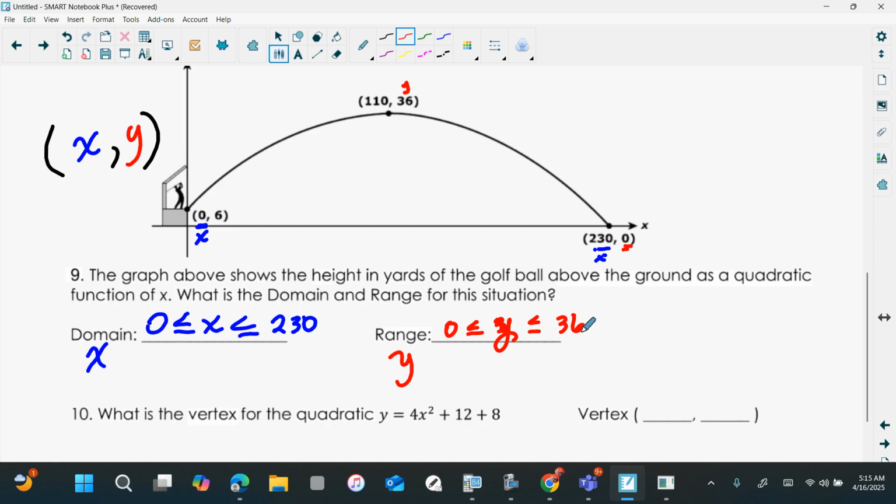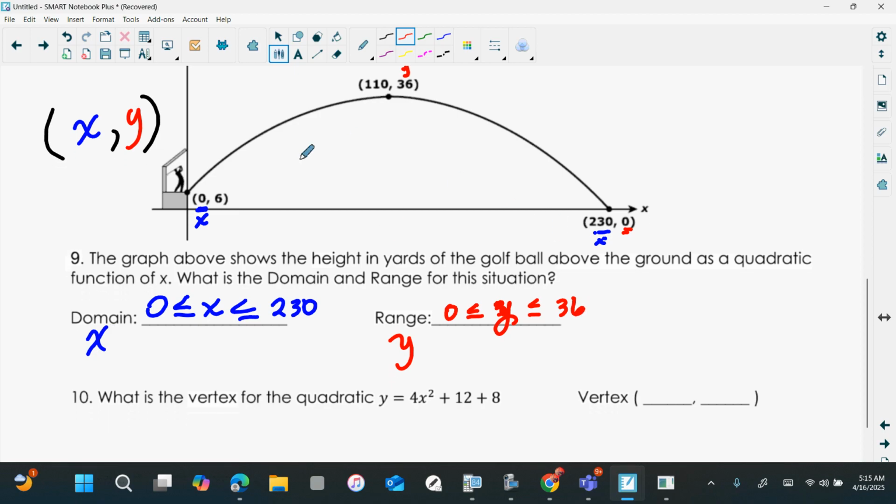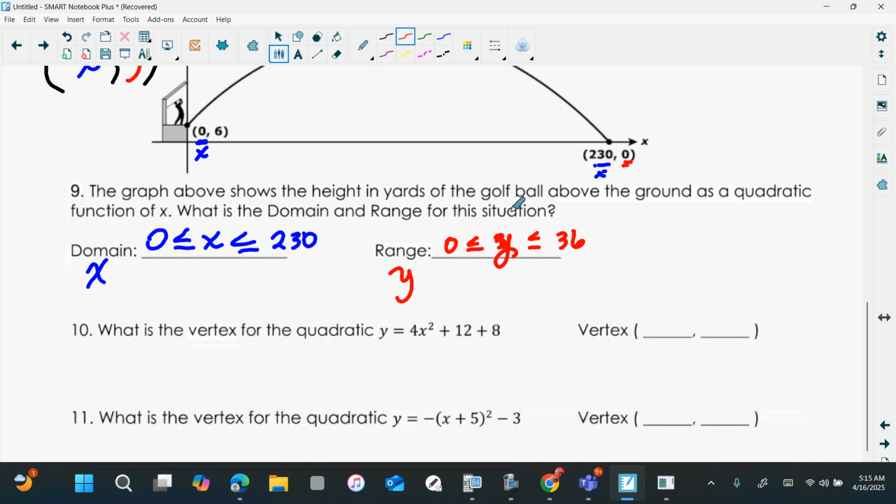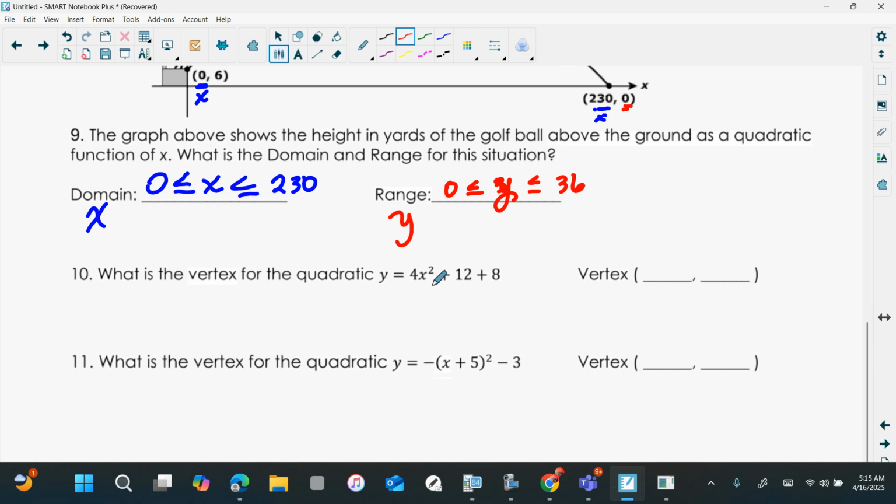Okay. Now, if you don't have a picture to read the information off the graph, then you're going to have to use the equation. On this one, they just want the vertex. So here we're just going to type in our equation. Now, I think this had a typo, so I'm going to do both versions, because I believe this should have been the middle term, because this is supposed to be in standard form, ax squared plus bx plus c.